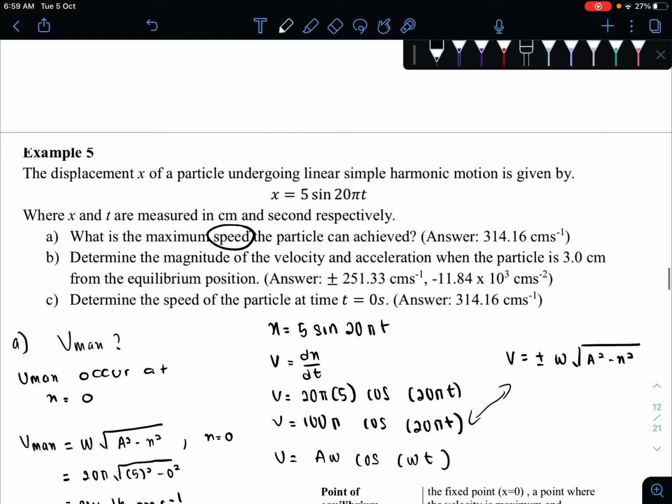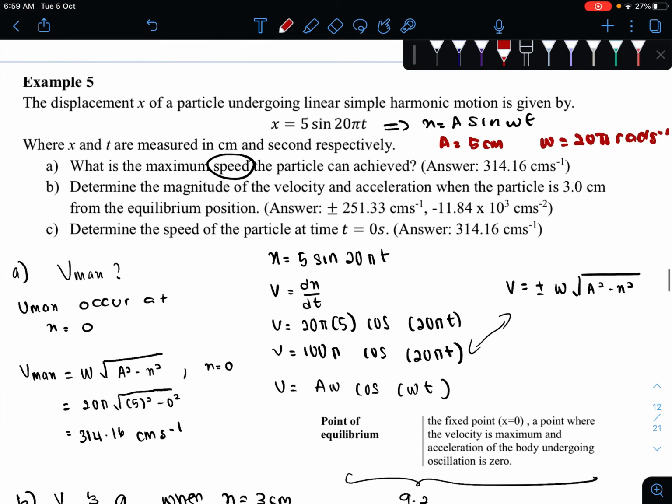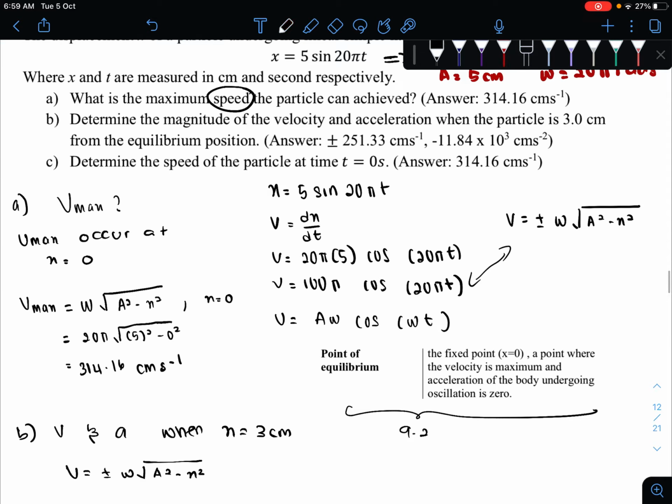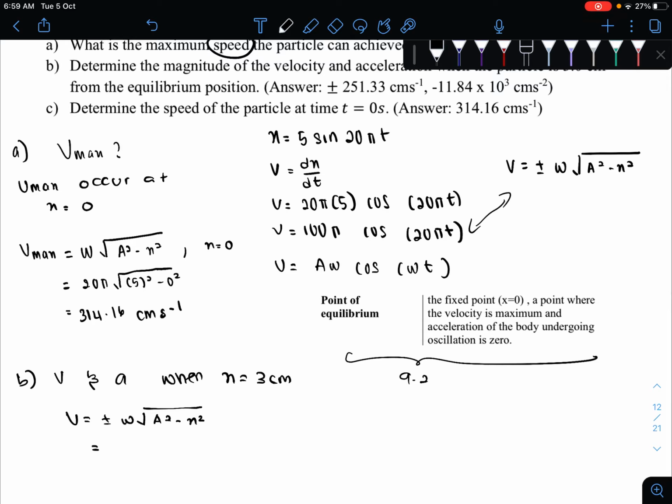Alright, so by now we know that when you compare this equation to the general equation, that is A sin omega T, I know my A here is 5 cm and I know my omega is 20 pi radian per second. So usually it is better to start by comparing first to get the constant terms from the question so that it is easier for us to calculate.